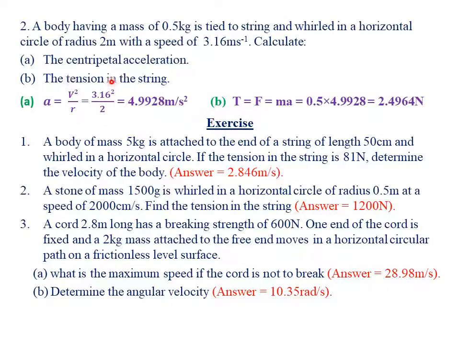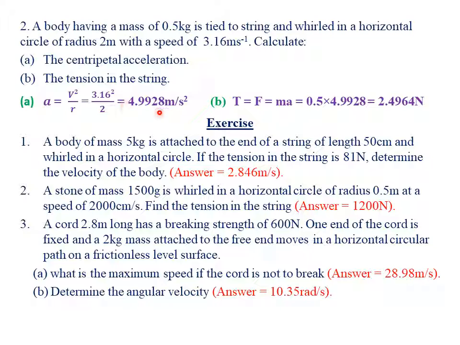Then part B, they want us to find the tension in the string. From Newton's second law of motion, we know that tension is just a force. So the tension is equal to the resultant force, and from Newton's second law of motion, force can be given by ma. Because you already have the value of centripetal acceleration, and we are also given the mass of that particular body, which is 0.5 kg, I'll simply say that the tension is equal to the resultant external force, which is equal to ma, which is equal to the mass of the body, 0.5 kg, times centripetal acceleration.